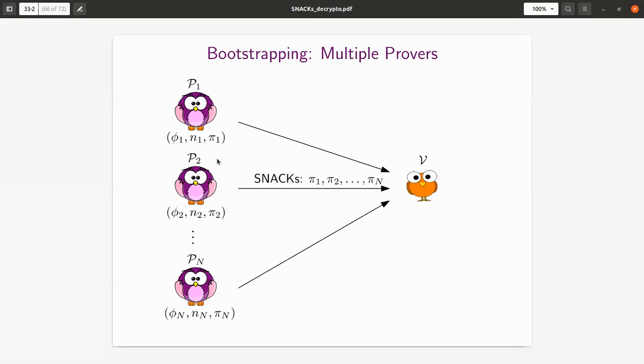Now, if we assume that one of them is honest, it should follow from the CL assumption that malicious provers could not generate proofs of chains that are longer than the honest chain, with overwhelming probability. And so whatever the verifier ends up accepting will most likely, with very high probability, correspond to the proof that was generated by an honest full miner.